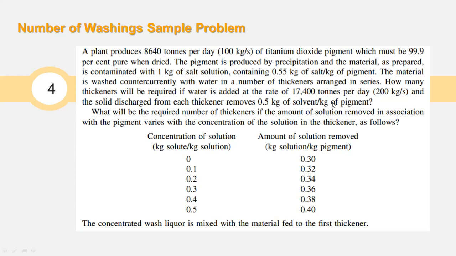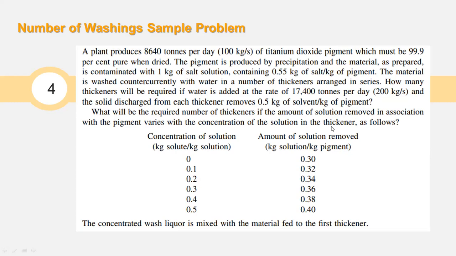Now, the next scenario is what will be the required number of thickeners if the amount of solution removed in association with the pigment varies with the concentration of the solution in the thickener as follows. So this is a case of variable underflow.